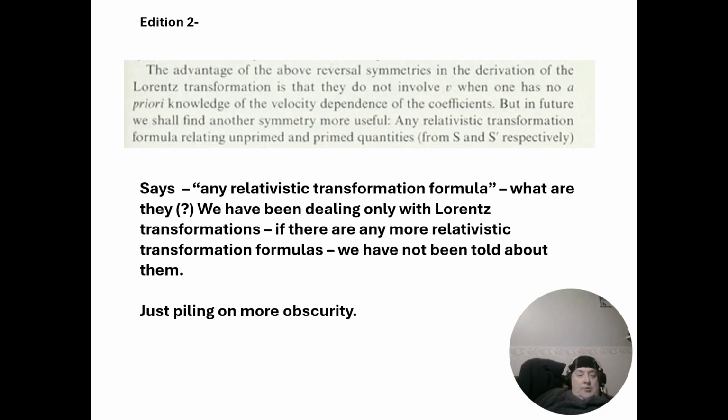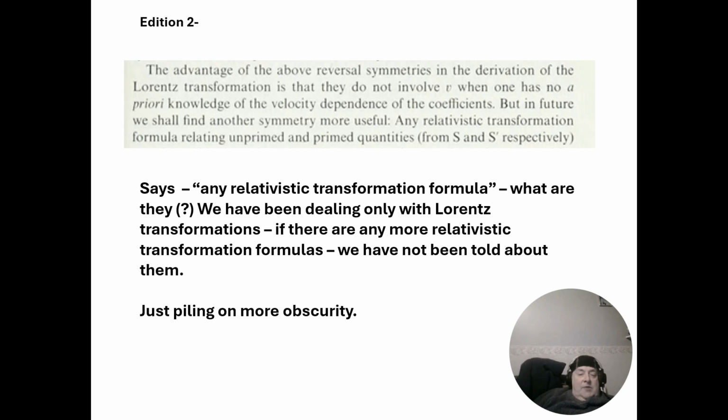So the book carries on to say, "the advantage of the above reversal symmetries in the derivation of the Lorentz transformation is that they do not involve V, when one has no a priori knowledge of the velocity dependence of the coefficients. But in future we shall find another symmetry more useful.